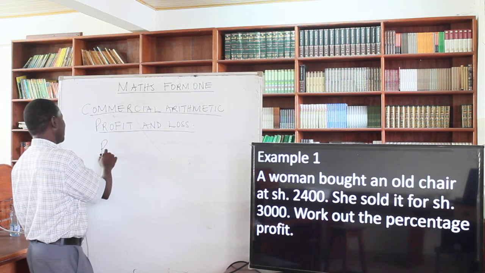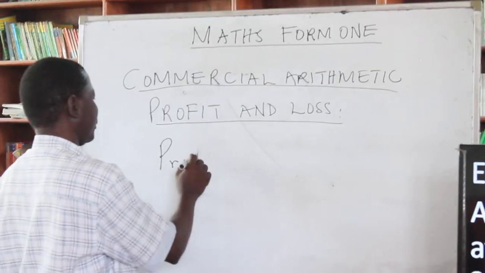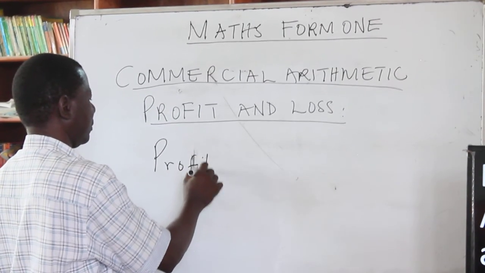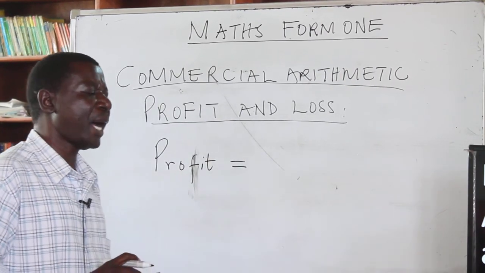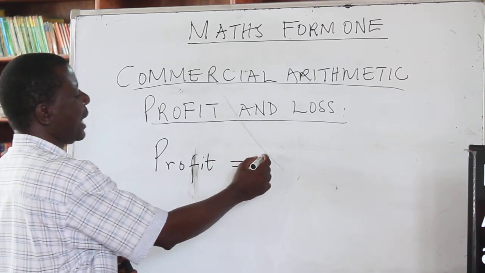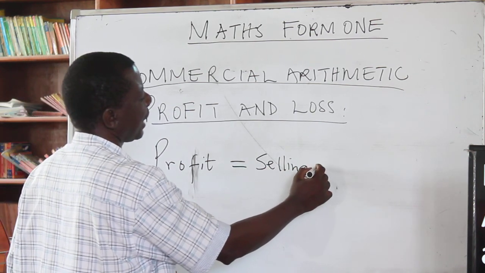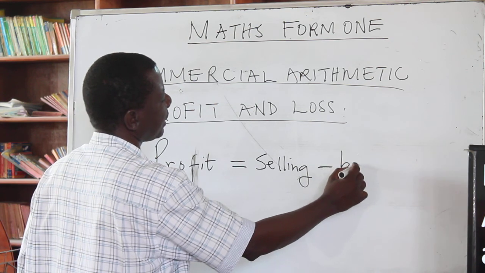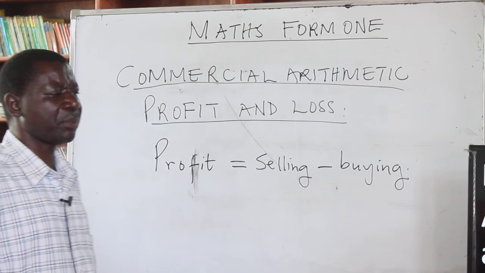First of all, let's calculate the profit. The profit will be given by the selling price minus the buying price.